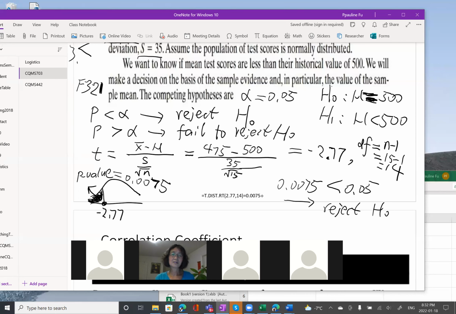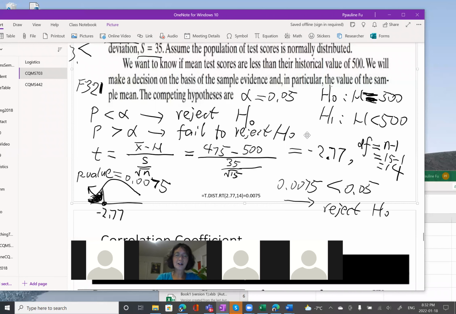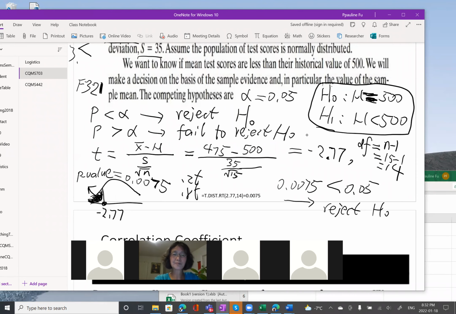Why are we using a positive 2.77 instead of a negative? Thank you. The question is why we use positive instead of negative. The Excel formula does not have a .LT option. It is either .RT or .2T. In my example, this is a left-tail test.